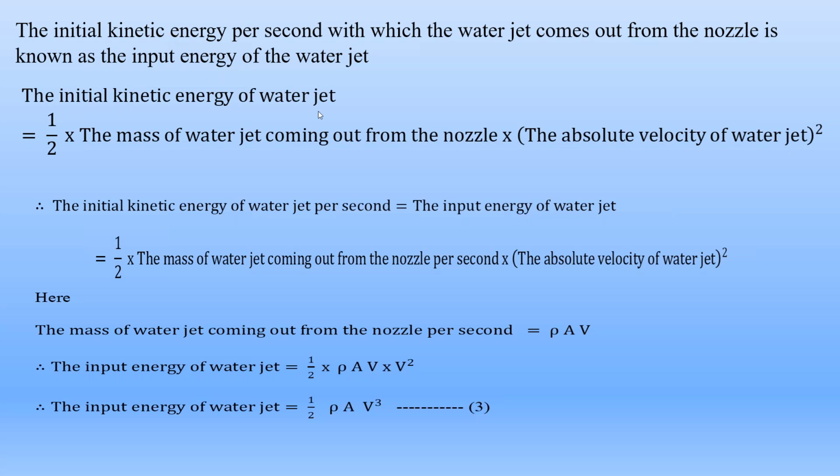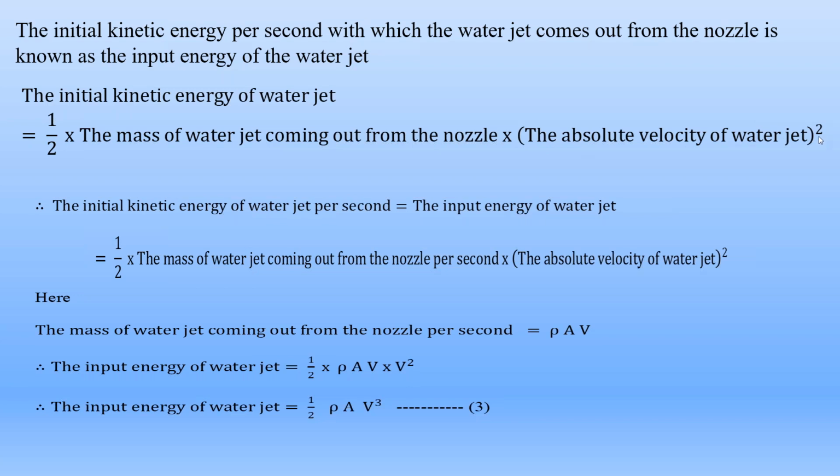We know the kinetic energy is equal to half m v square, mass into velocity square. So the initial kinetic energy of the water jet coming out from the end of the nozzle is equal to half into the mass of water jet coming out from the nozzle into the absolute velocity of the water jet whole square.